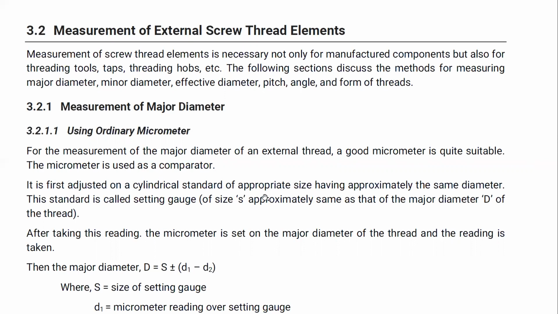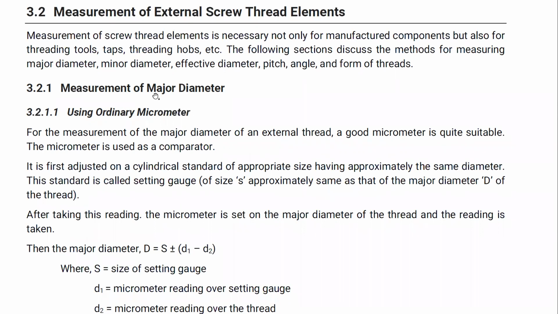This section discusses measuring the major diameter, minor diameter, effective diameter, pitch, angle, and form of threads. We will start with the measurement of major diameter using an ordinary micrometer.